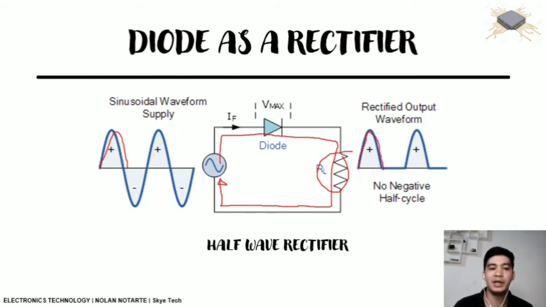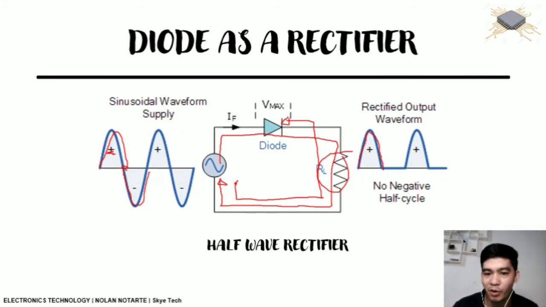Now, balik ulit tayo dito sa wave. Ngayon naman, pagdating niya sa 0, galing siya sa positive, pababa siya naman ng negative, then go back to 0. Ang mangyayari, mula dito, babalik, dadaan ngayon sa resistor or sa load, and then pupunta rito. Dahil may diode dyan, hindi po mag-a-allow si diode na mag-flow ang electrons.